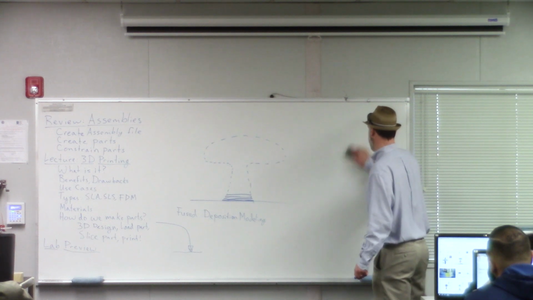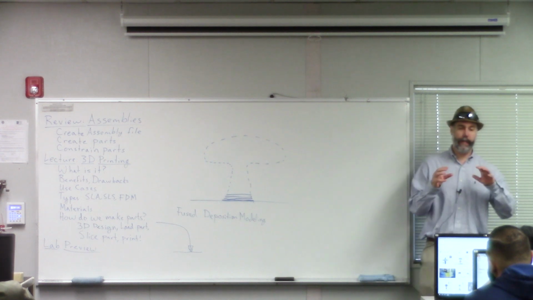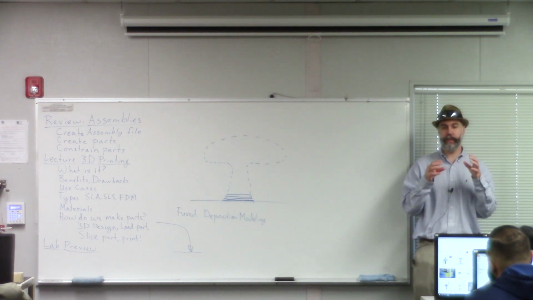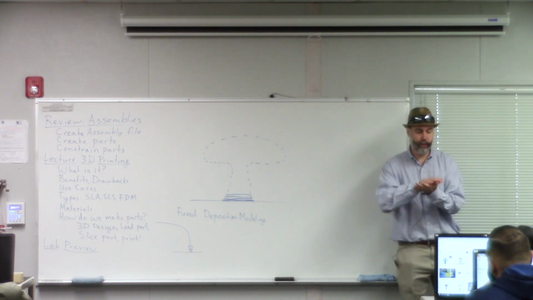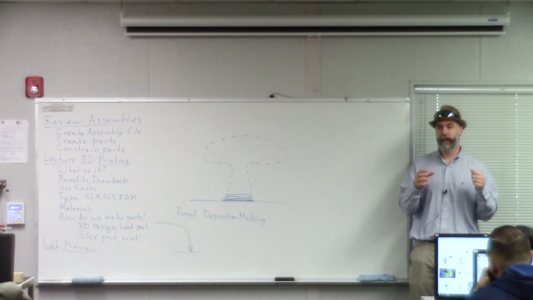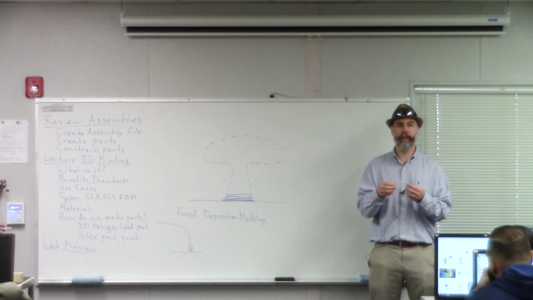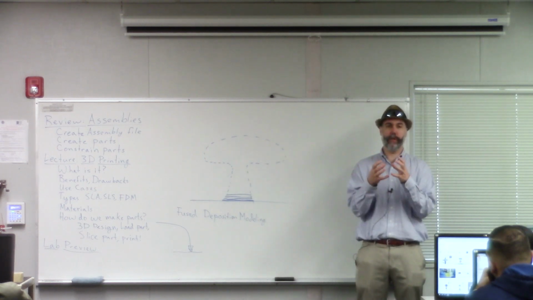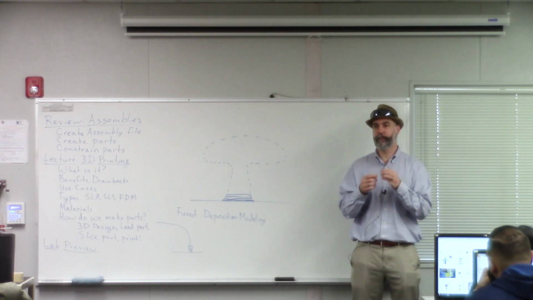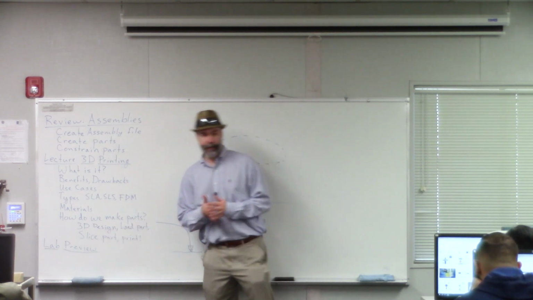The first thing that it does is look at your part and see how it can print it without having to do a gigantic block of plastic. Because if you were to print just a gigantic block of plastic, it would be really heavy and it would be wasteful. You don't usually need that much material. So when you see a 3D printed part, even if it looks solid, the inside is typically mostly hollow. And so the slicing is where that happens.